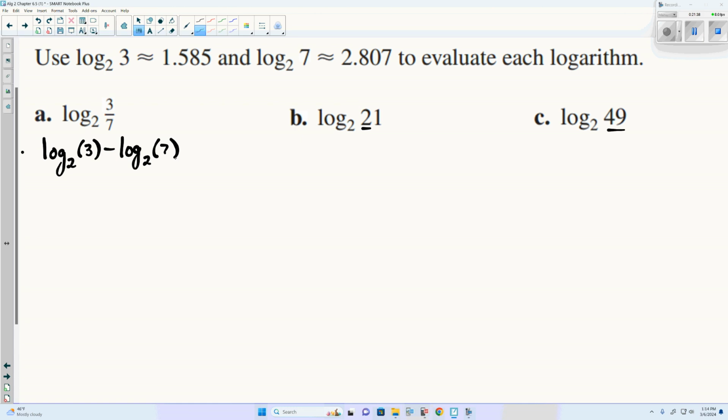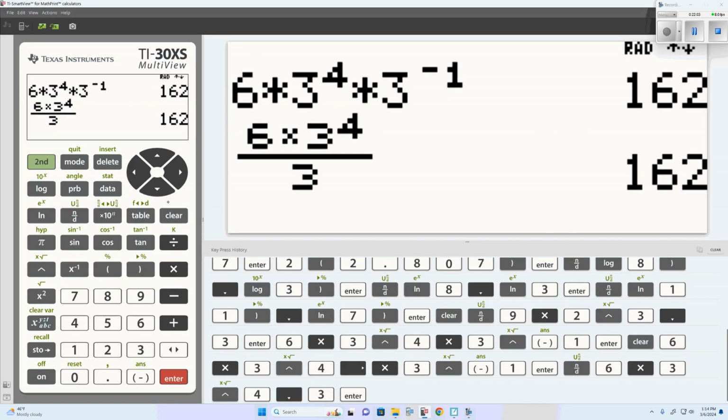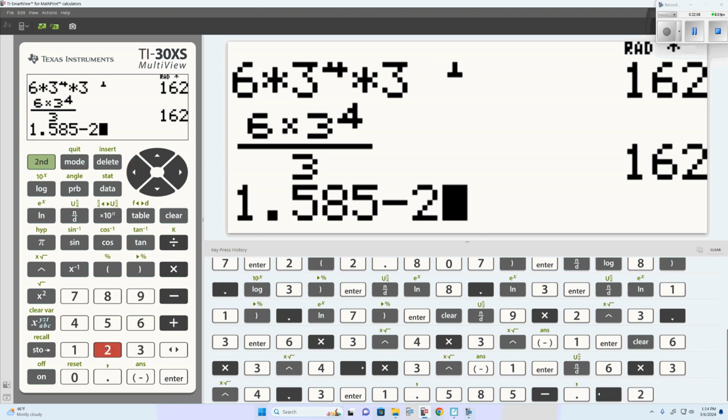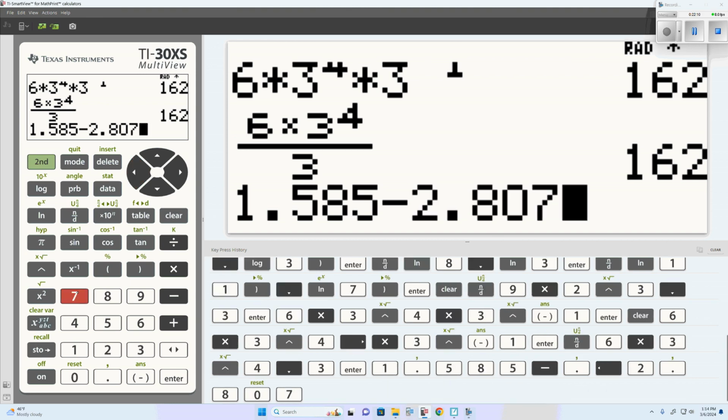Well, it told us what log base 2 of 3's value is, yes? It is 1.585. And we're subtracting from it log base 2 of 7, which is 2.807. Now we just subtract. 1.585 minus 2.807, yes?